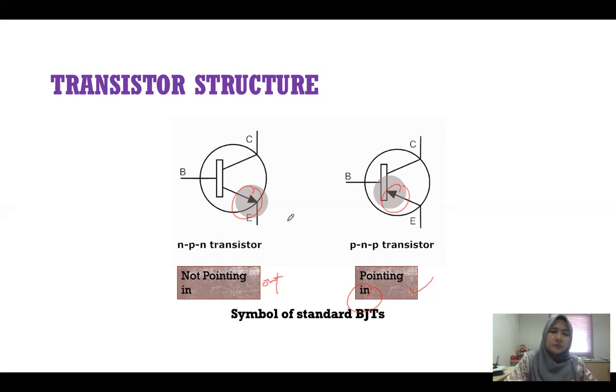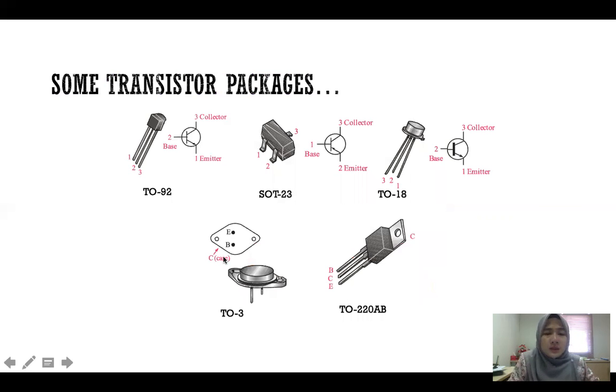Okay, so these are examples of pictures of a transistor. So even though the structure of the transistor is different, it still has the same function, which is as a transistor. If you look at here, this is the transistor that we usually use.